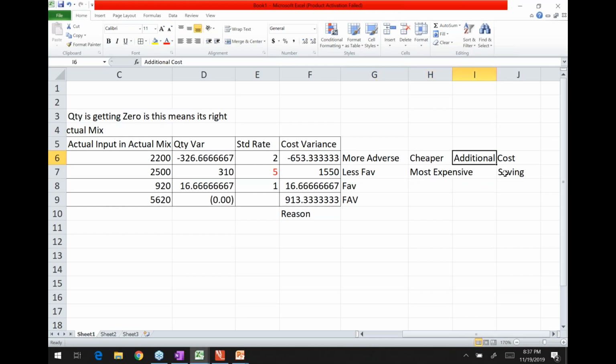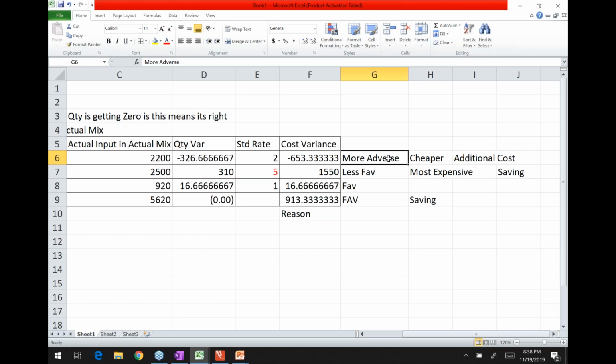But as the expensive material has been used less, that provides you a bigger saving, and this is the saving. So this 913 is a saving here, and this net saving is because, very simple, expensive material has been used less, whereas cheaper material has been used more.